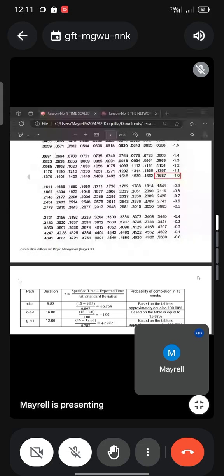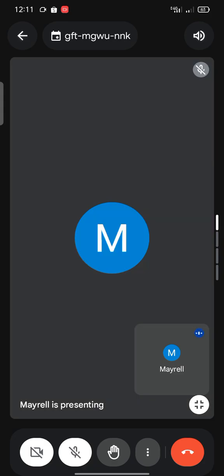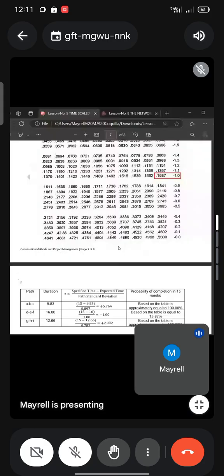And mag-quiz ta next week. For our quiz, wala pa nilabot. Just the lesson 7 and 8. So, unsa man to na sa lesson 7 and 8, katong mag-drawing og diagram og mag-solve og kani. Solving for ES, LS, EF, LF, and the float. And identifying the critical path and critical activity. So, i-review ninyo.